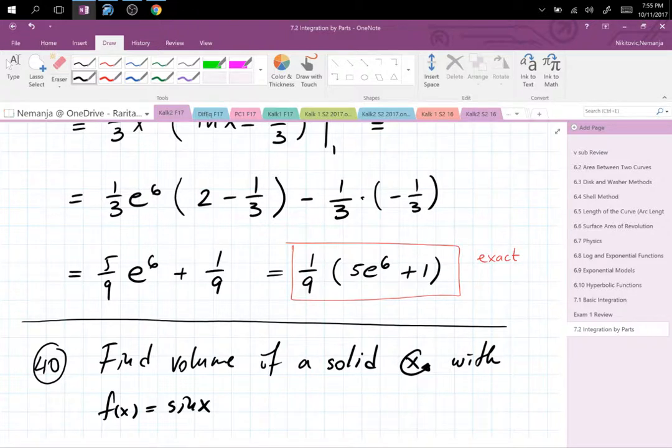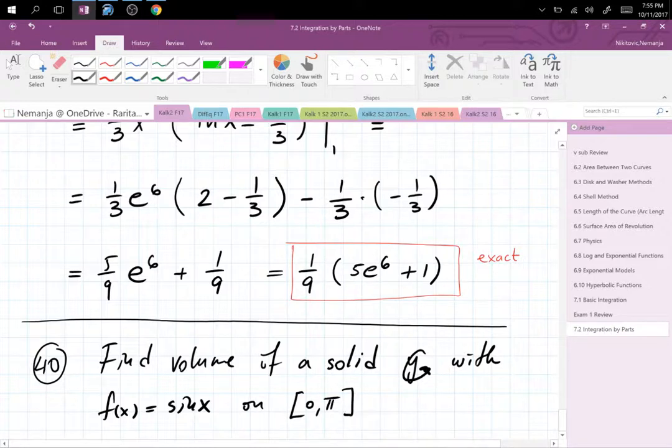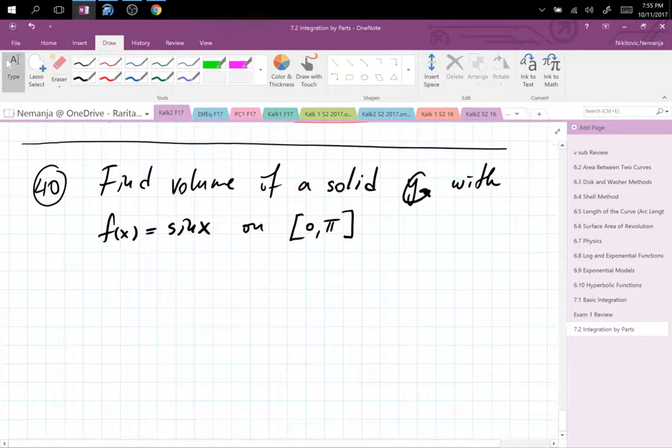Oh, sorry, it's revolved around the y-axis. Revolved around the y-axis on the domain 0 to pi. No pressure, you have 18 seconds.